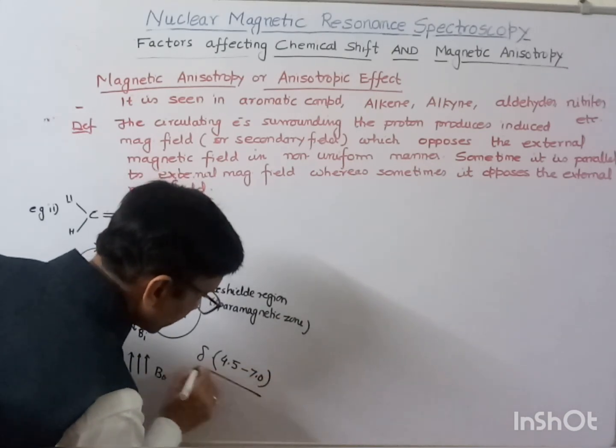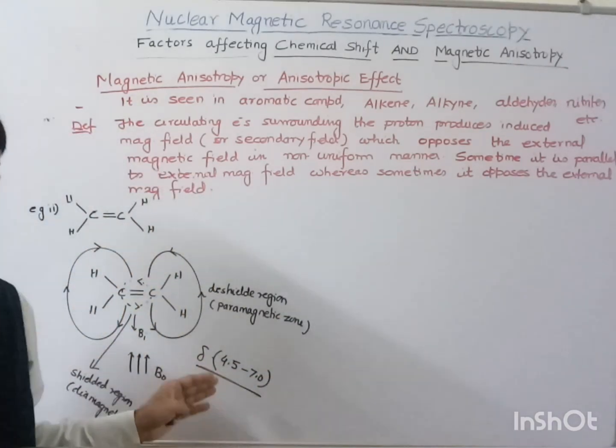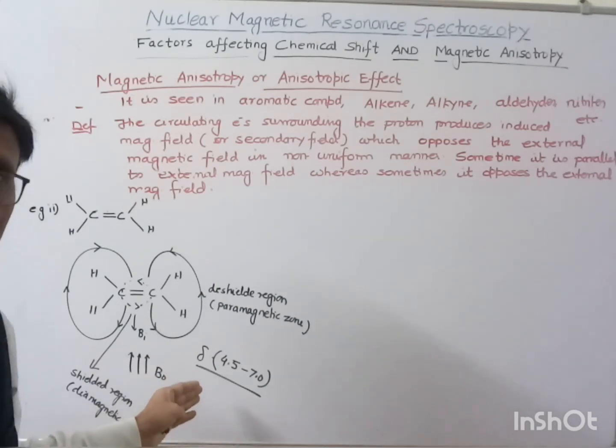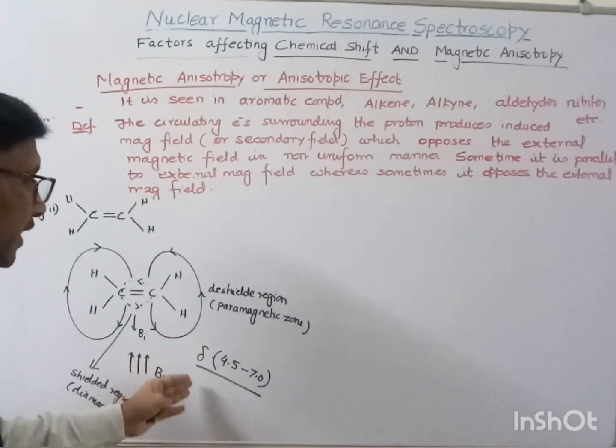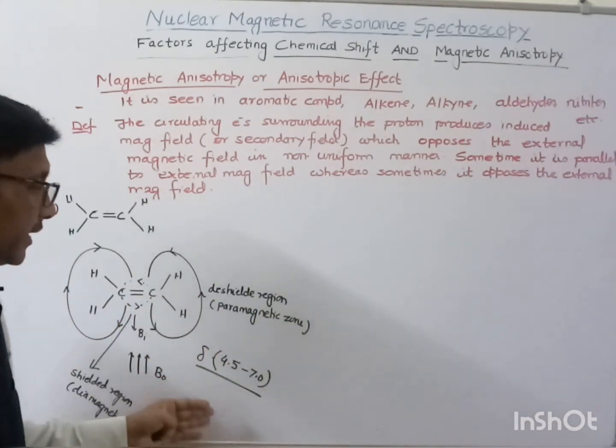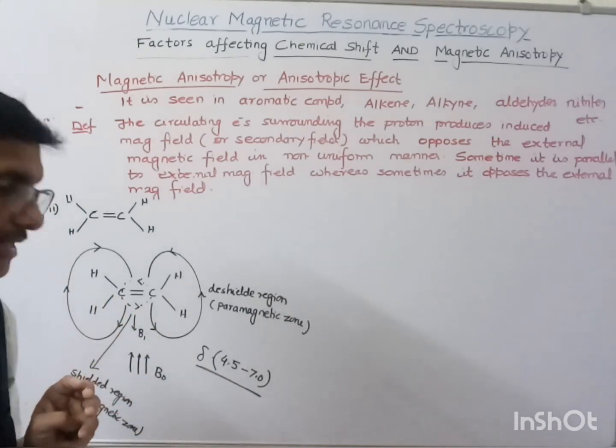This is lower than that of the phenyl proton, because the phenyl protons are more de-shielded in comparison to this alkene proton.